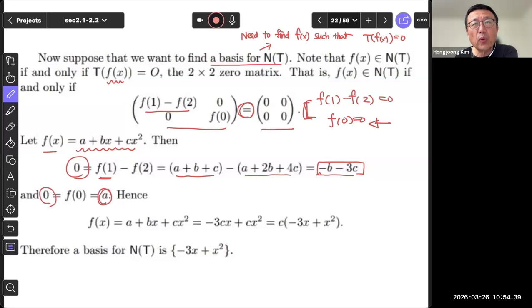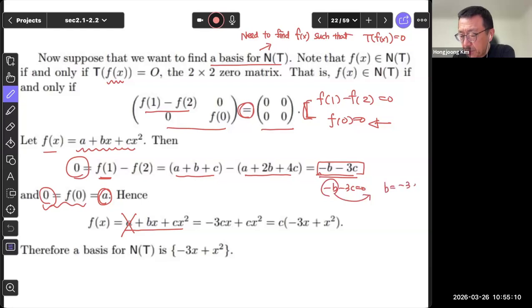So we have two equations. A is 0 and negative b minus 3c is 0. So our original function f is defined by a, b, and c, but now if I replace a with 0, and then since negative b minus 3c is 0, if I move this negative b to the other side, then b is negative 3c.